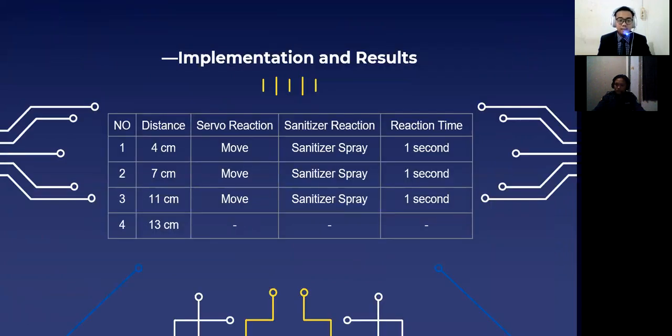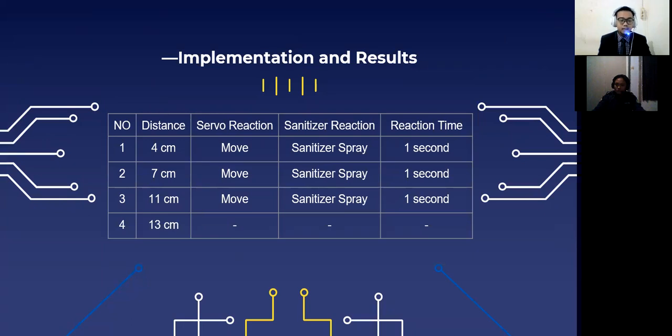And this is the implementation and result of the automatic sanitizer. This is the end of the design, and the result of testing of the automatic sanitizer can be seen from a distance of 0 to 11 centimeters. The servo shows a moving reaction and releases the sanitizer gel in a 1-second reaction.